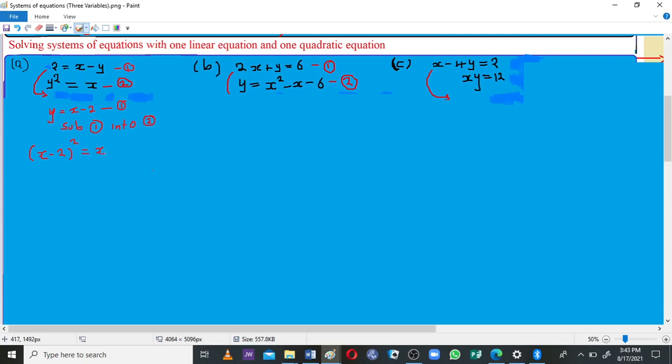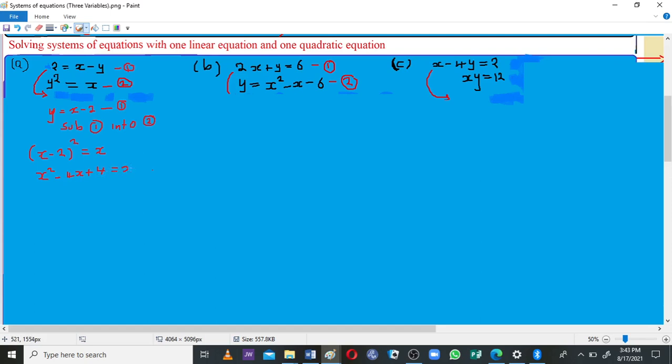Now you can expand. If you expand this side, you get x squared minus 4x plus 4 is equal to x.